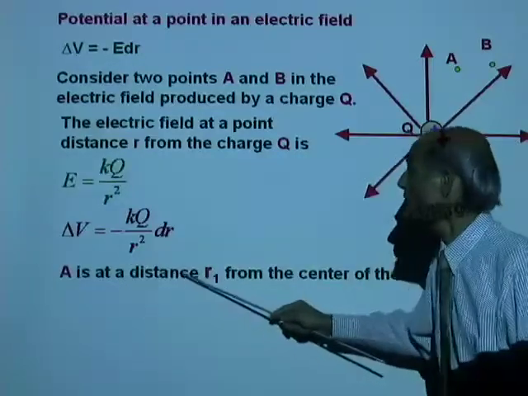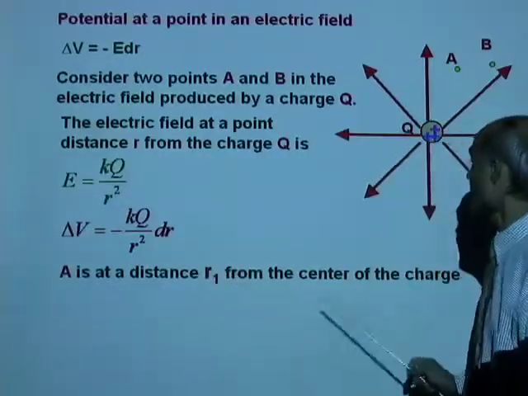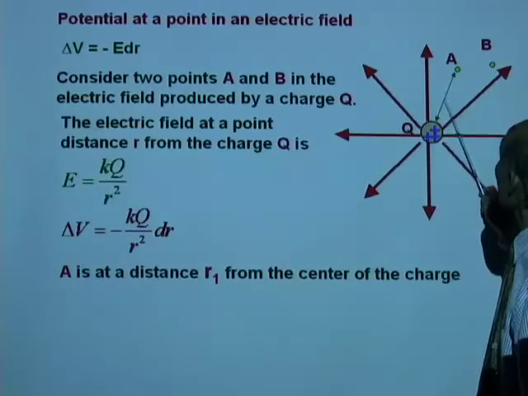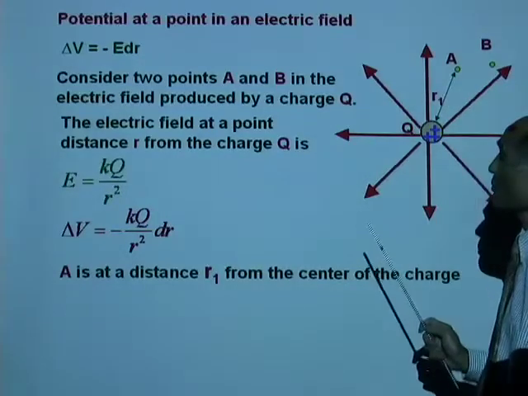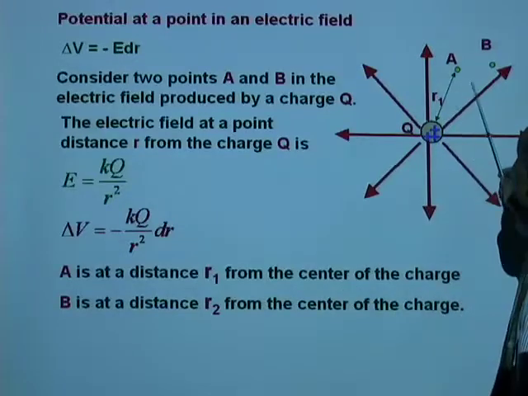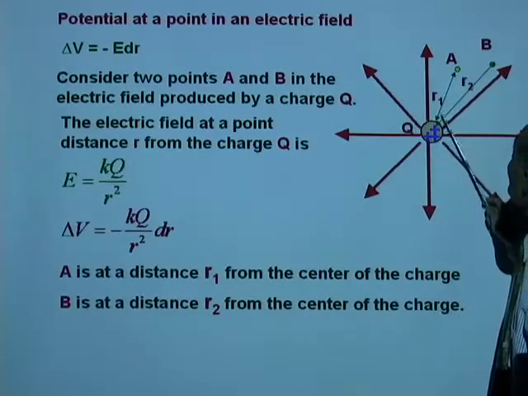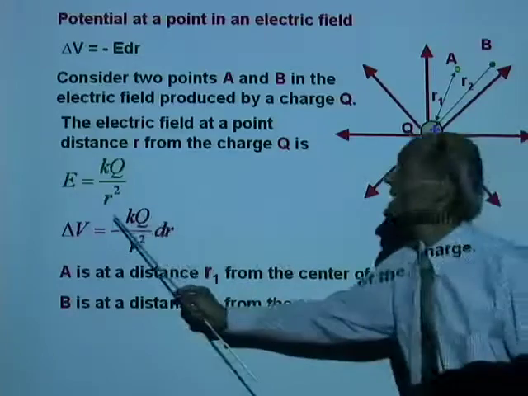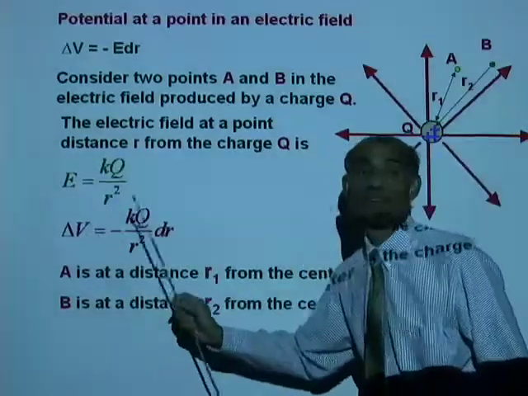Now A is at a distance r1 from the center of the charge, and B is at a distance r2 from the charge. Now what does delta V represent?